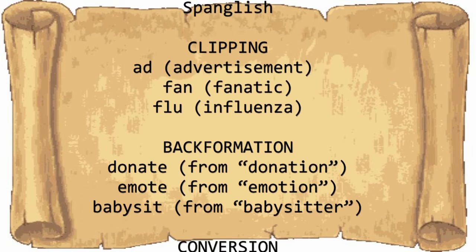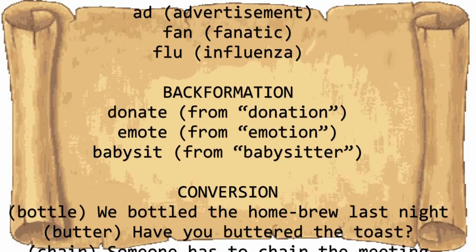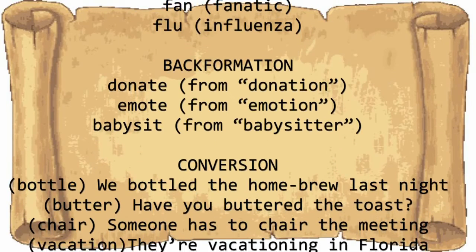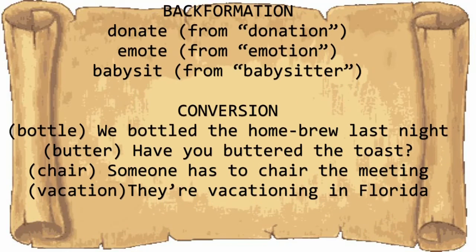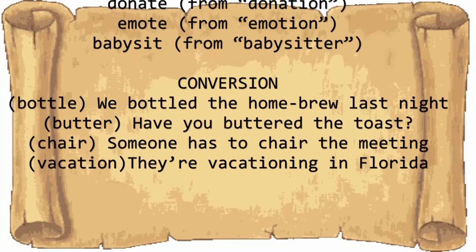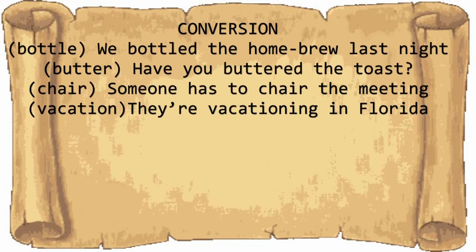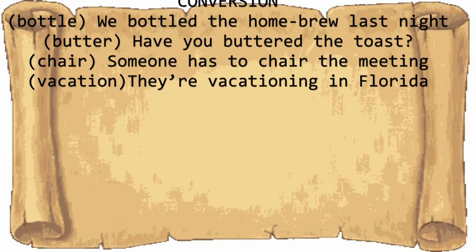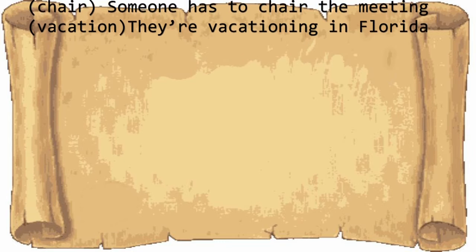Back formation, when a word of one type, usually a noun, is reduced to form a word of another type, usually a verb. Conversion, a change in the function of a word, as for example when a noun comes to be used as a verb without any reduction, is generally known as conversion.